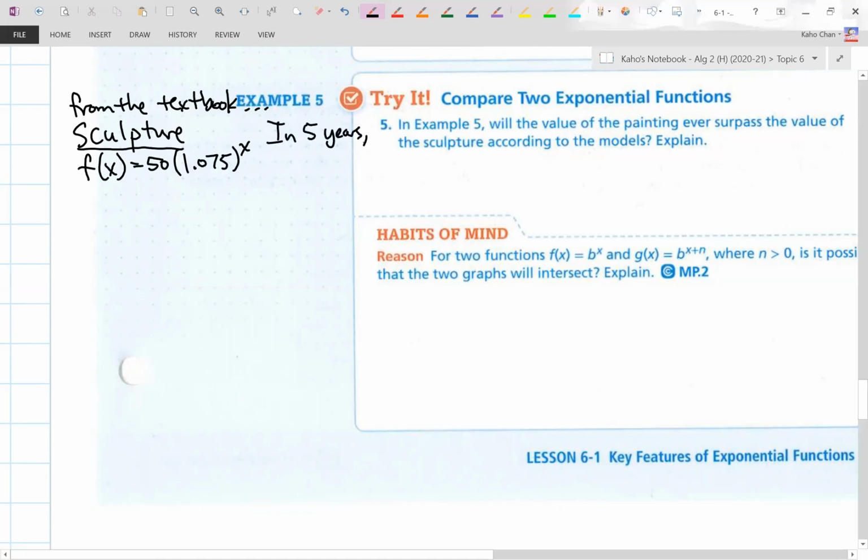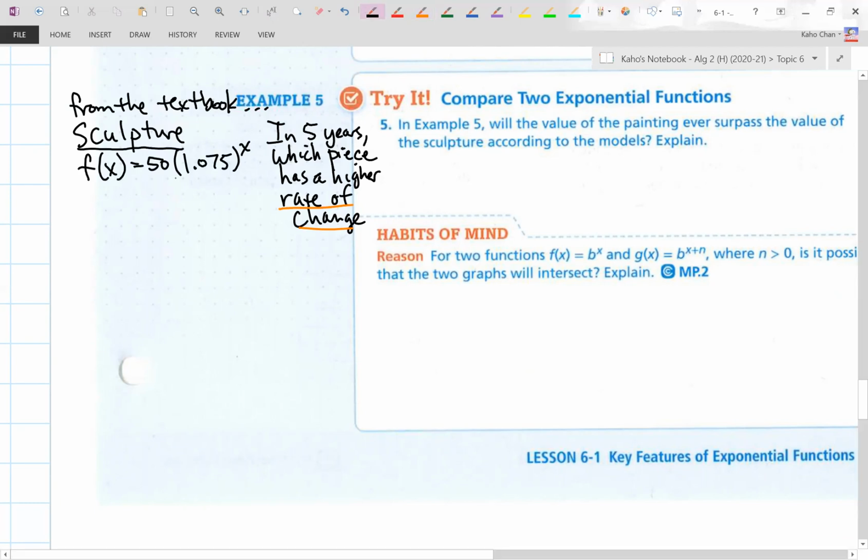which piece has a higher rate of change? They're referring to a sculpture and a painting. Rate of change is slope. I haven't given you the information for the painting yet.